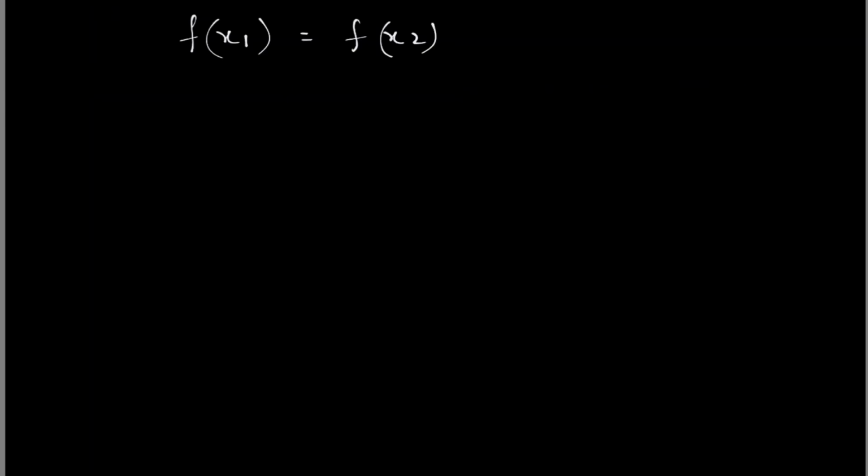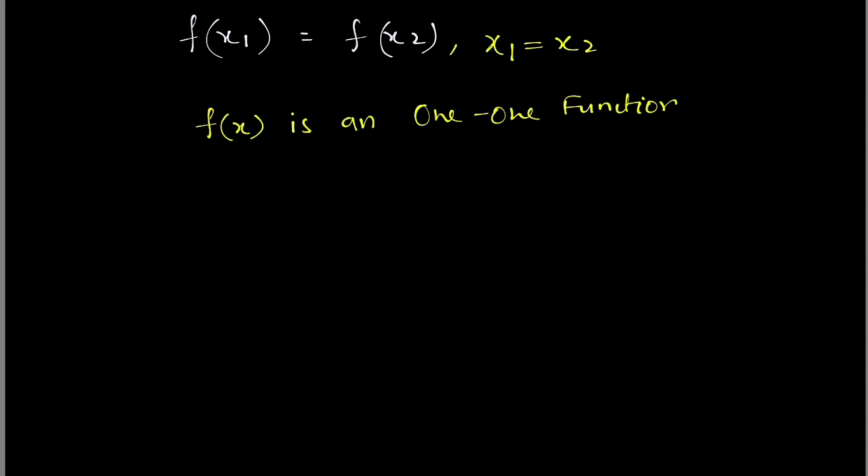So if set of input values are equal and at the same time set of output values are also equal, in that case, I can write f of x is a one-one function.